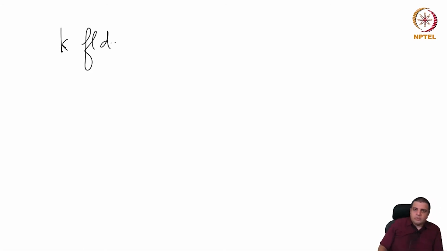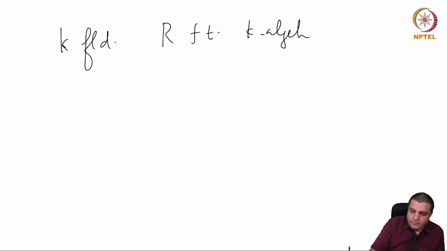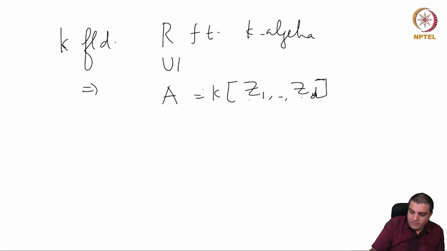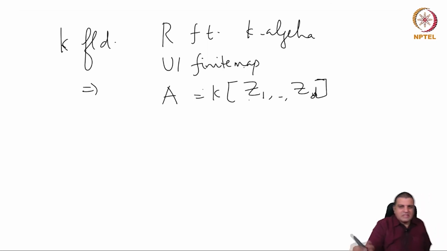Okay, we'll come back to algebraically closed a little later, and R is a finite type k-algebra. Okay, and this means that by Noether normalization there is some polynomial ring, Z1 to Zd, such that this is a finite map. Okay. In particular, it's integral.